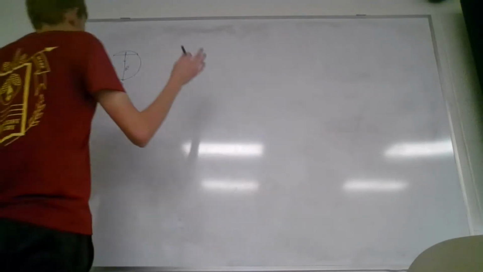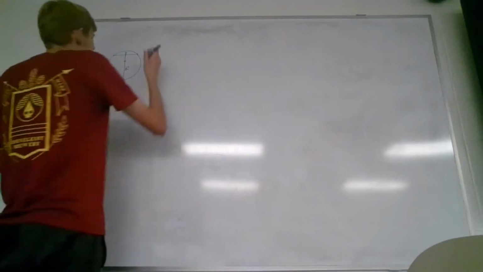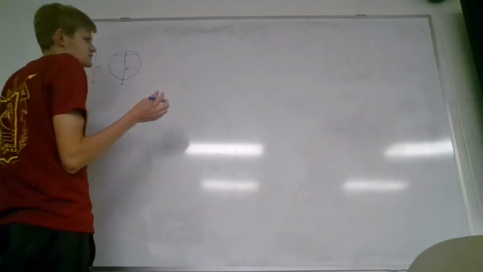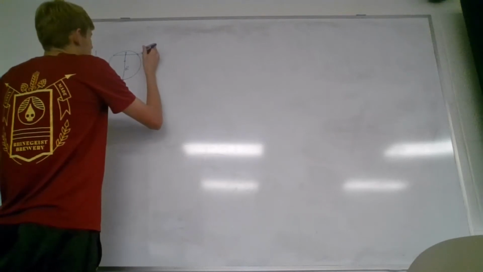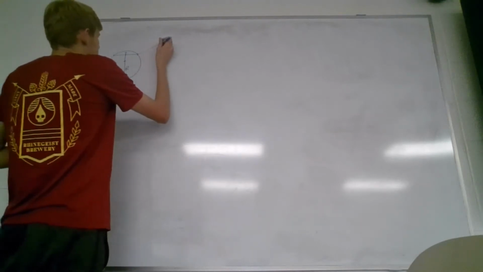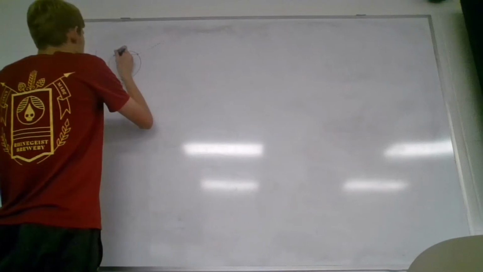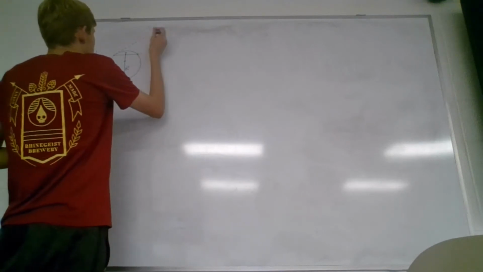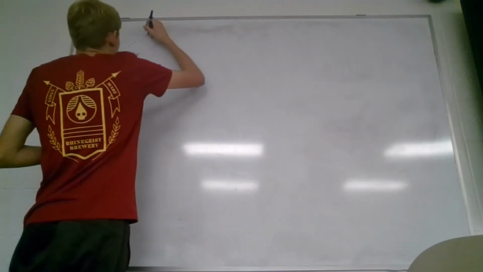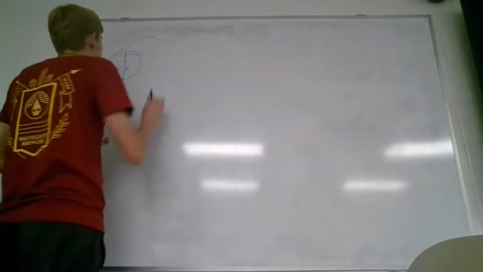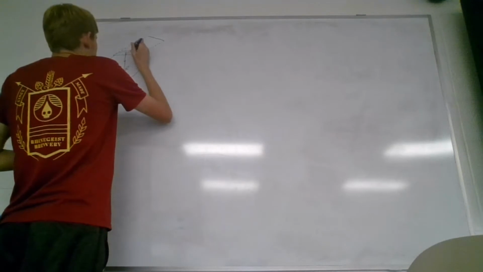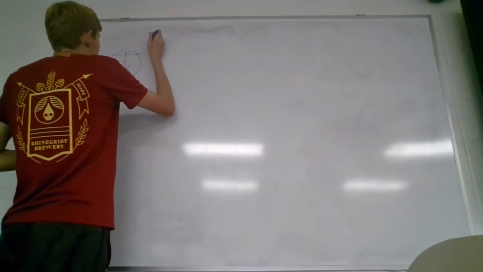We can also draw out the rest of this and give some dimensions to this barrel. We'll go out to there, and then we'll go out to there, and draw over. We also have a bisected area.